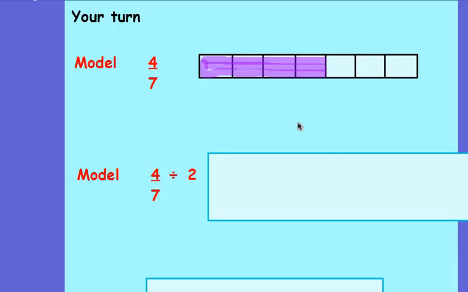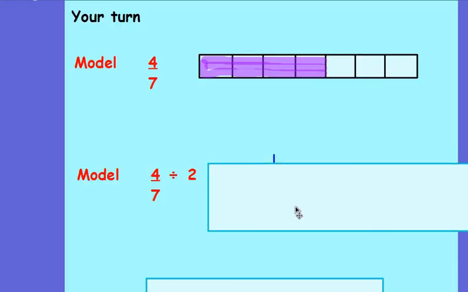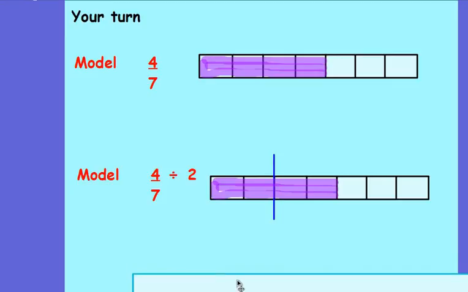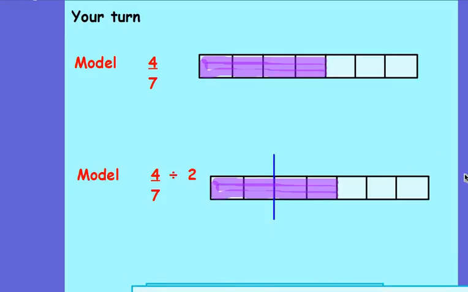Right, this time we've got our 4/7, but I want to divide it into 2 parts. So what's each of these 2 parts going to be worth this time, Angel? 2/7, brilliant. When I've divided 4/7 by 2, I get 2 lots of 2/7.